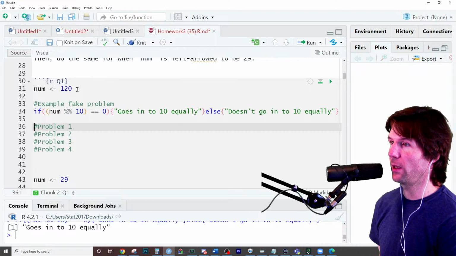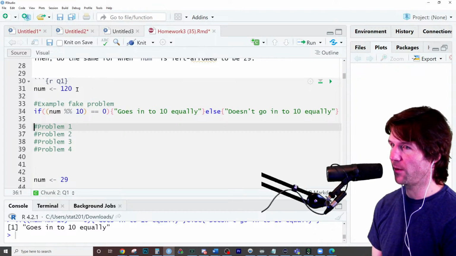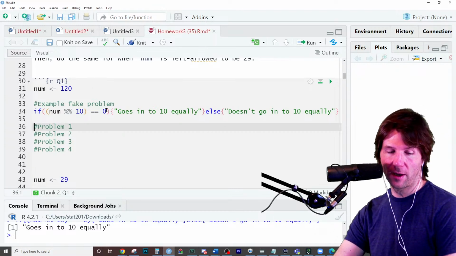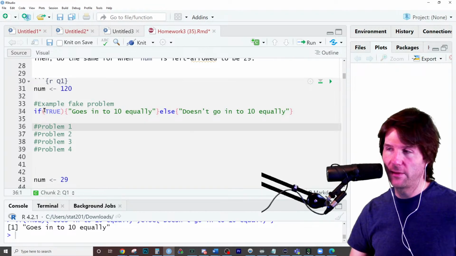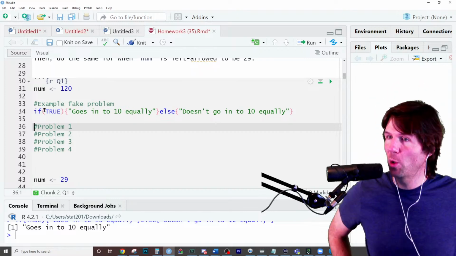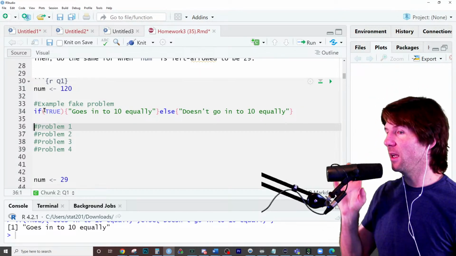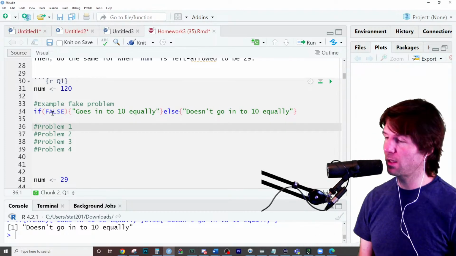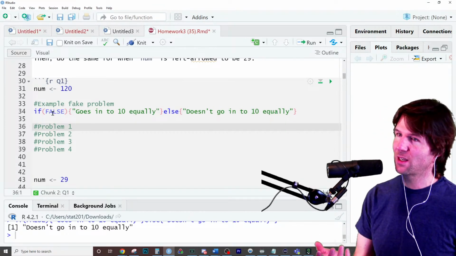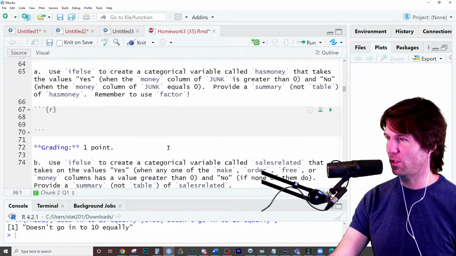So this is showing in theory how to do them with the if and the else. The if evaluates a singular true or false. The if needs to have a singular true or false, and then needs to run the code inside the if if it's true. If it evaluates to false, it runs what's in the false. So you want to think about how to write these with if-elses. That's about as much as I can do on this one without totally doing the problem.